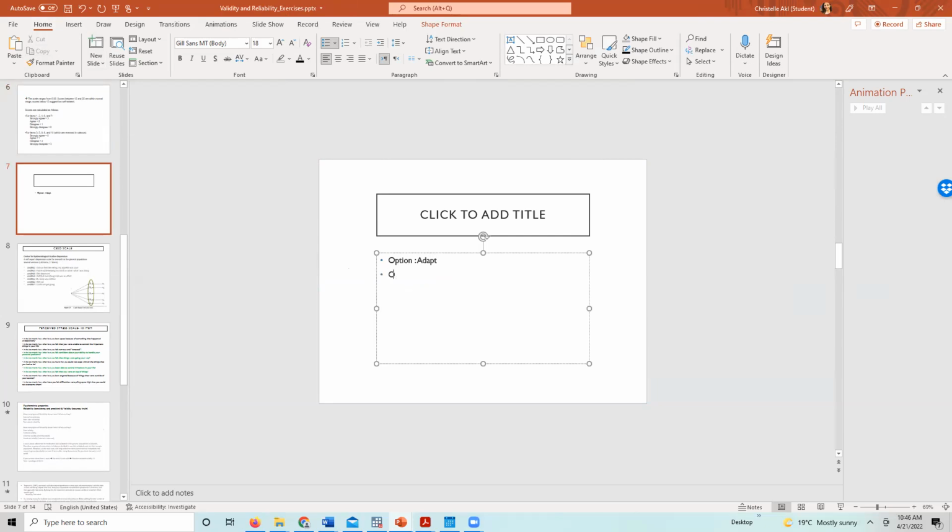The second option would be to adapt, and option 3 would be to assemble. So here it's to adopt: I take it as it is, I just back translate, and I test it on my population. The second one is adapt.